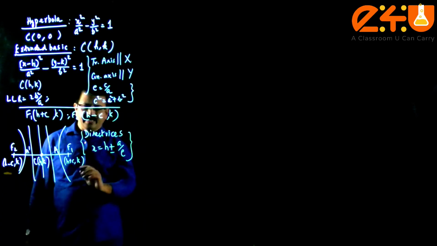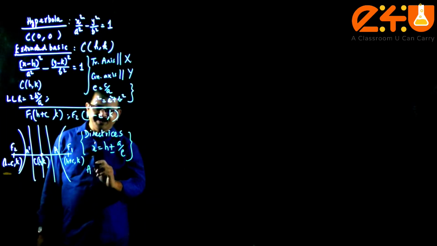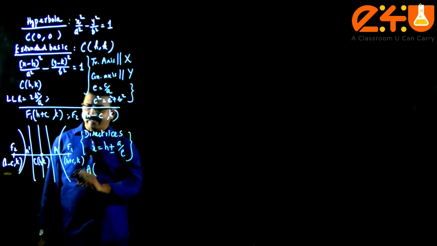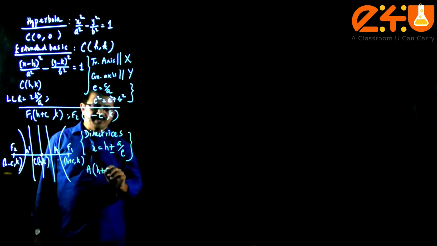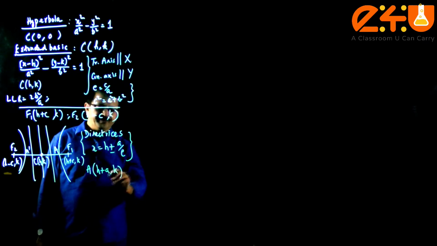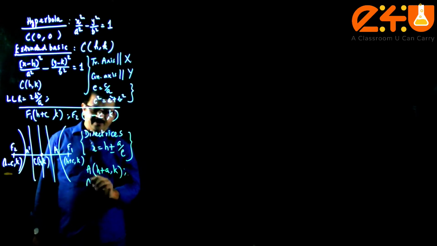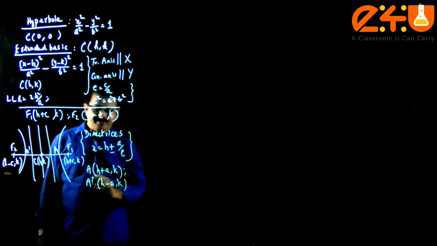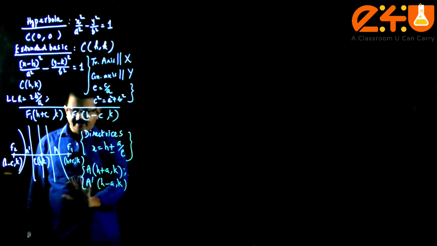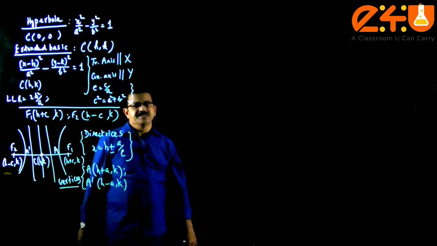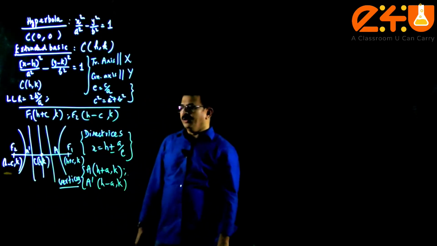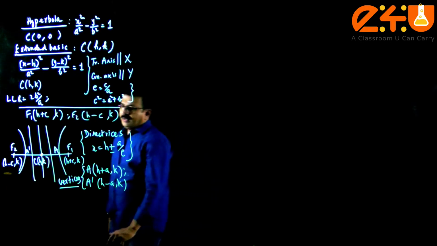So this is how they get modified. Vertices: one is h plus a, k, and the other vertex is h minus a, k. The transverse axis ends alone we call vertices.